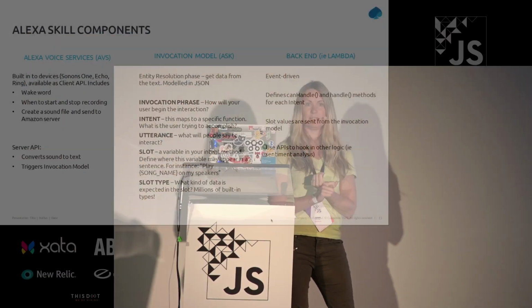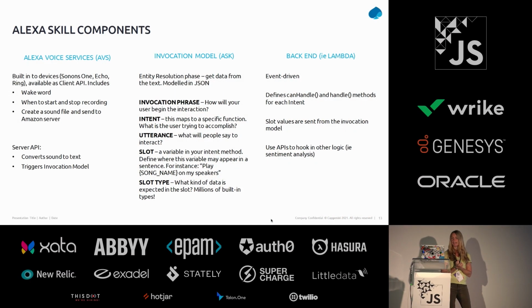You need to define two methods. You need a can handle method, which will say whether or not your backend can handle this intent. And then you need a handle method, which will actually complete the logic that you want that intent to do. So at this third point, this is where I could then call out to my sentiment analysis APIs once I had the data.